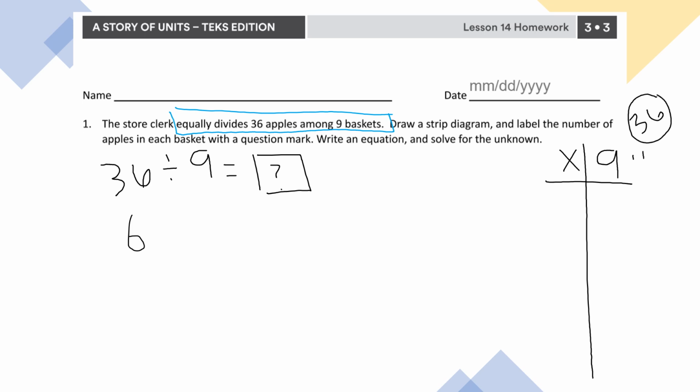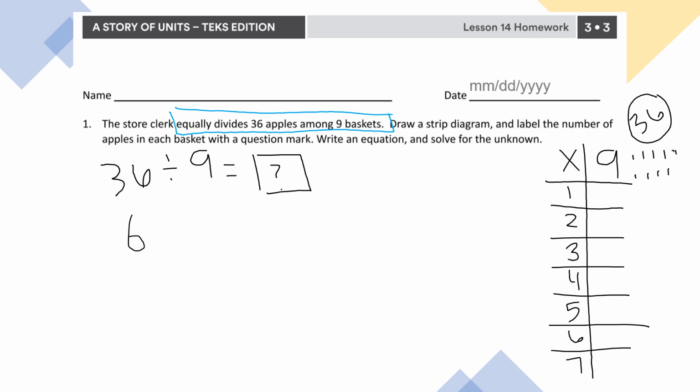And have my little counters. And I'll go to maybe 6. I have enough space to go to 6. I have enough space to go to 7 actually. So I'll just go to 7 because I may need it later.